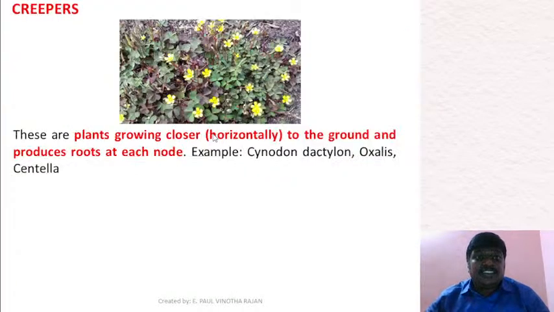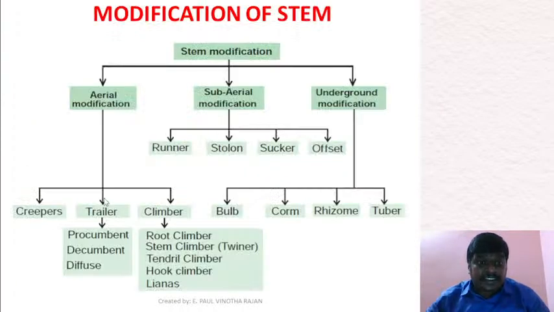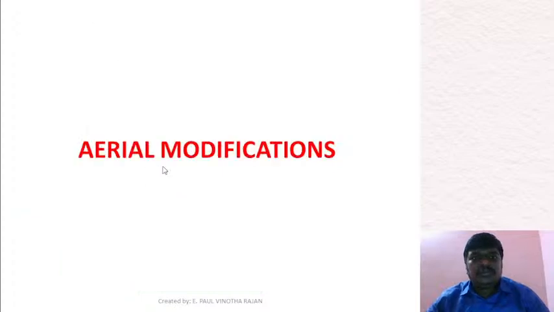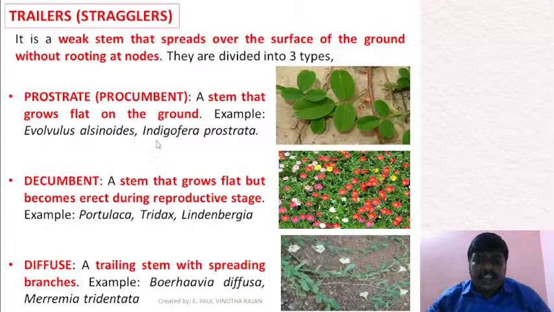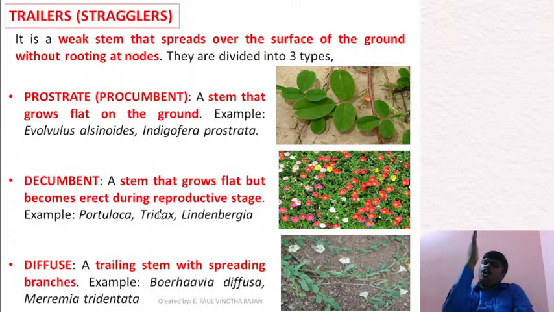Next is trailers. The trailers, we have three types. Always these trailers, they have the weak stem. Weak stem means the stem will not stand erect, because they are weak stems.